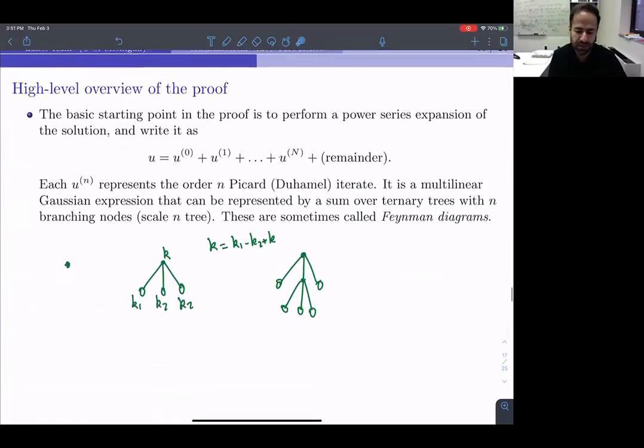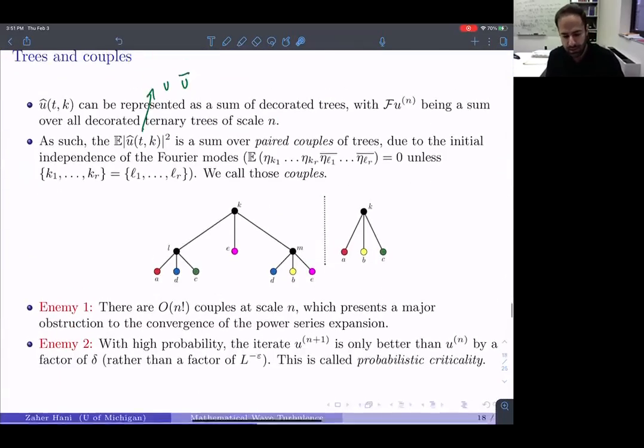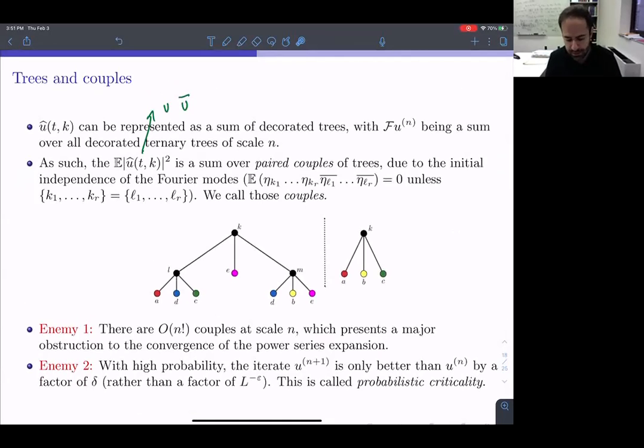Okay, when you have a power series and a factorial number of terms there, then this is quite tricky. And the second problem is this criticality that I have basically mentioned before, which is the probabilistic criticality.